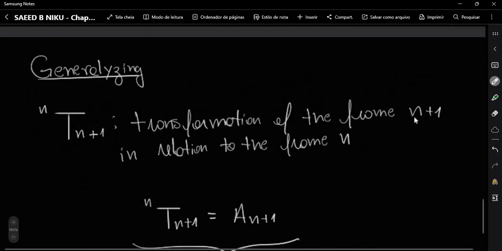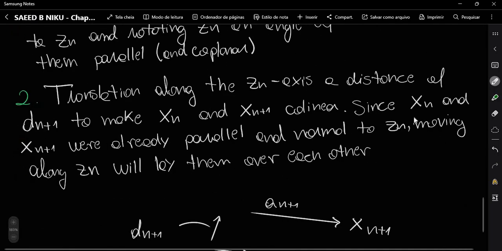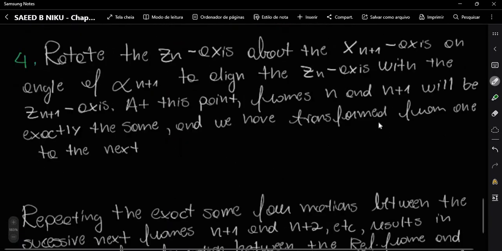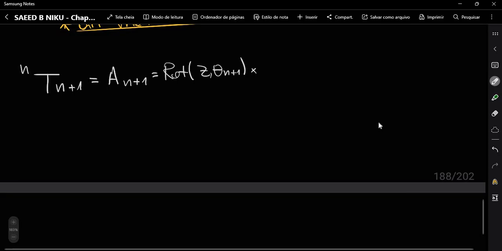The second one is a translation along the zn axis, a distance of d n+1. So translation, 0, 0, because it's a translation, and it is alongside the z-axis.